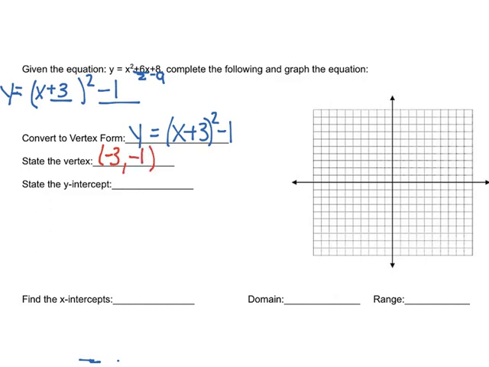Because remember, we take the opposite of the number that's inside the parentheses, and then we keep the last number. We can also find the y-intercept, and that's actually going to be the last number of our original equation. So that's going to be 0, comma 8.